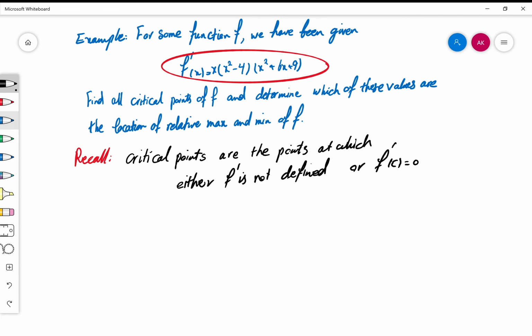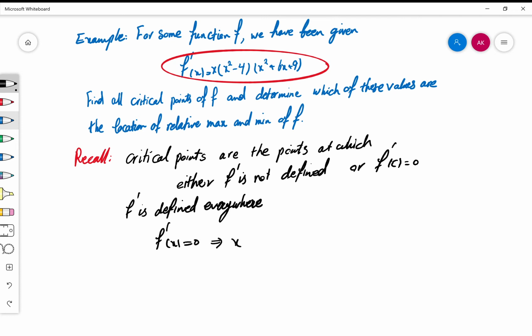In this case, you see that f prime is defined everywhere. So we need to just check what are the points which make f prime 0.